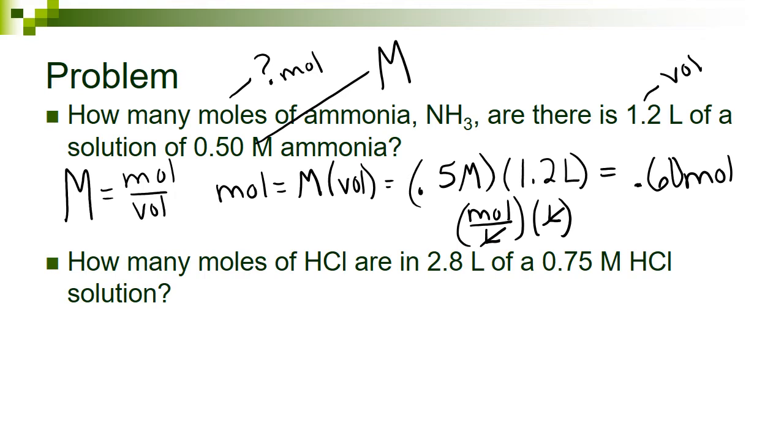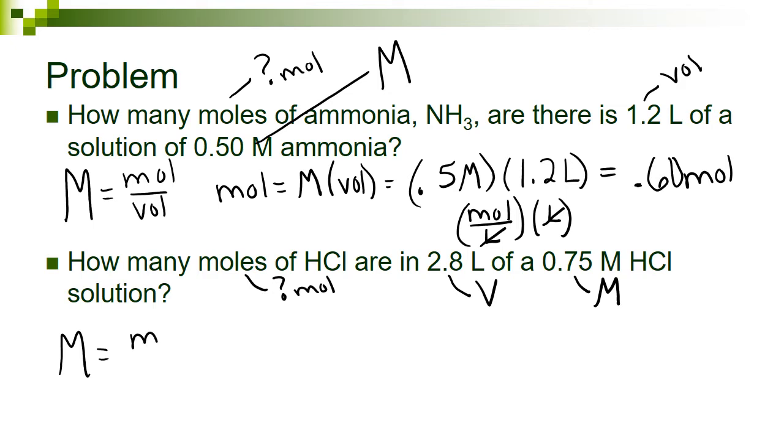Let's try another problem. This one says how many moles, so big question mark, how many moles are in 2.8 liters, so that's going to be my volume. I know I'm bad, sometimes I use VOL for volume, sometimes just V, of a 0.75 molar or molarity HCl solution. Now this one's really similar to the one right above it.